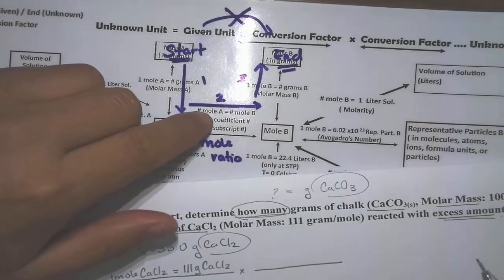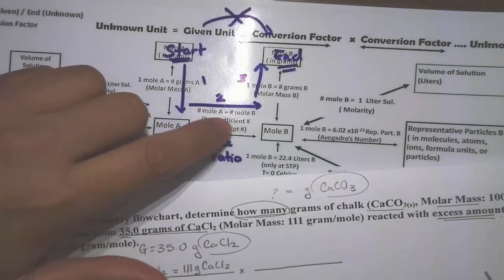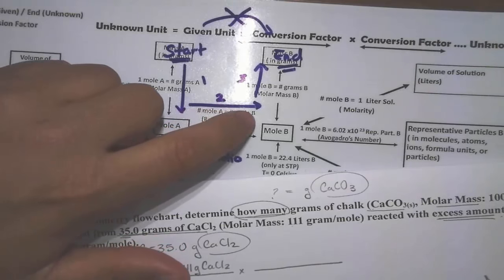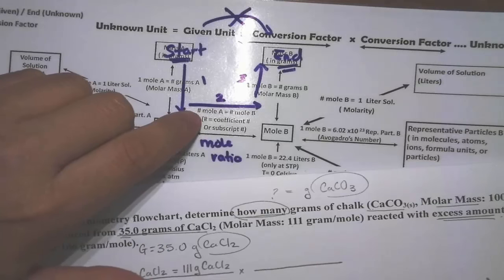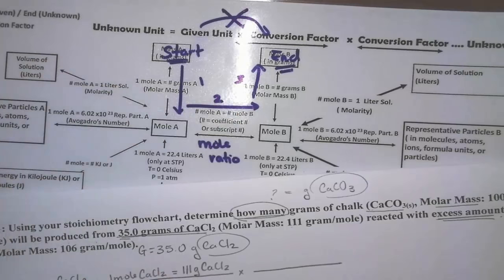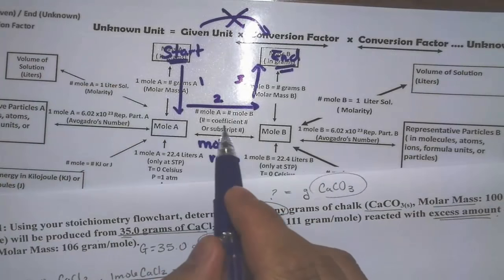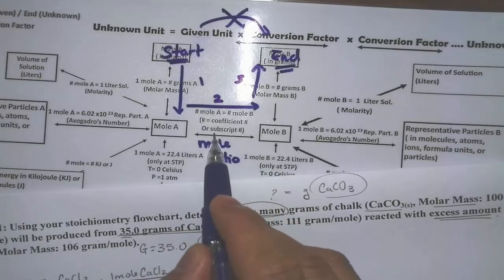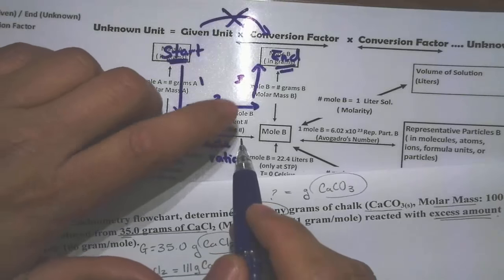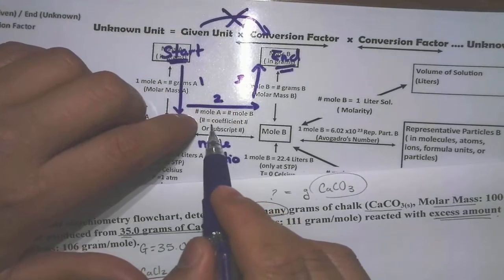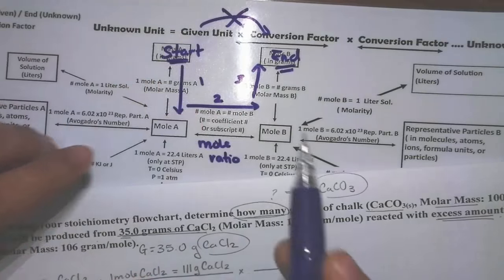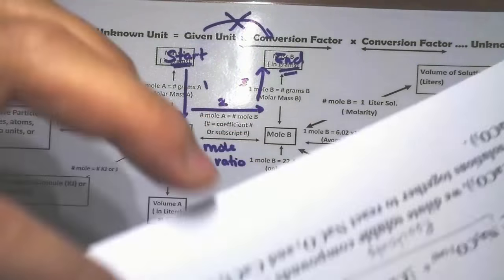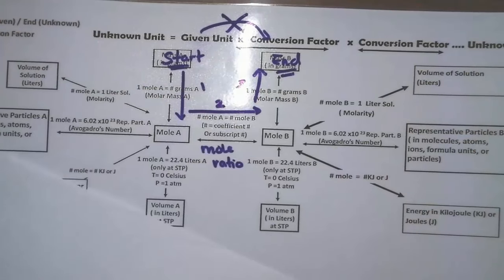You have a number of moles of A equal to a number of moles of B. So chemical A equal to chemical B, but in terms of mole. But where do we get that number of moles from? There are two places. First is the coefficient number. That number right there is the coefficient number, or the subscript number. We'll talk about the subscript number later. But for now, the coefficient number comes from the balanced chemical equation that we just worked.